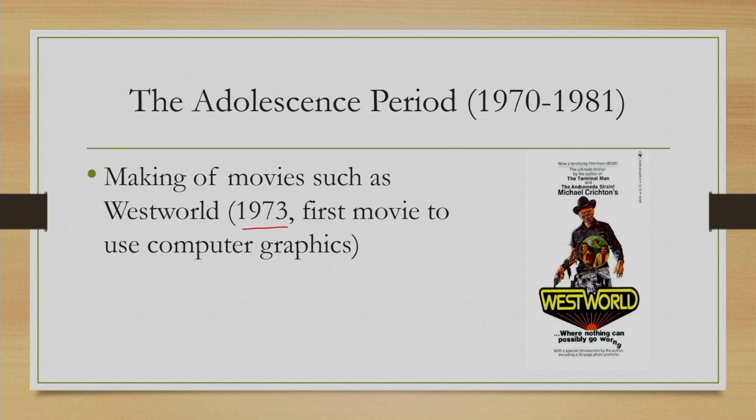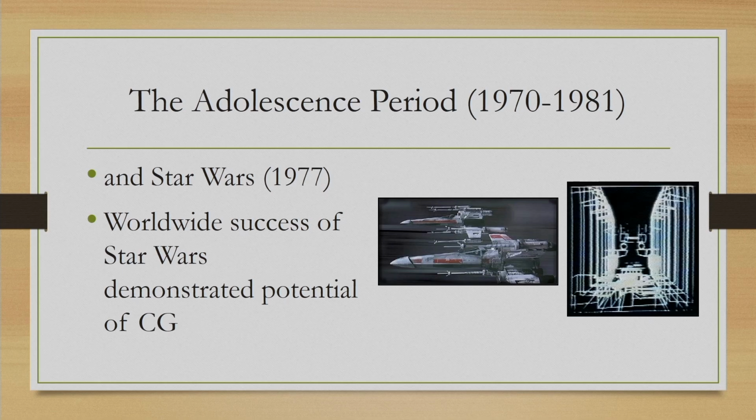So, in 1973, the first movie came out named Westworld, which was the first movie to use computer graphics. This was followed in 1977 by the movie Star Wars.